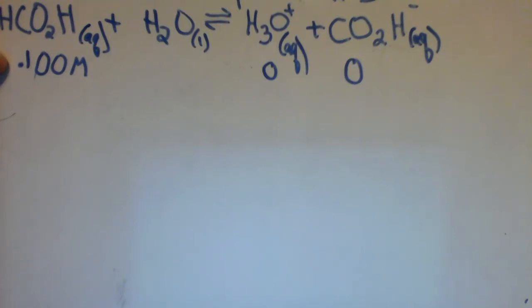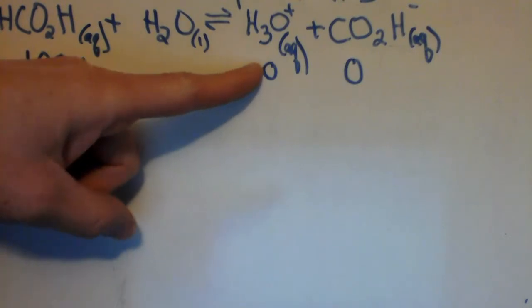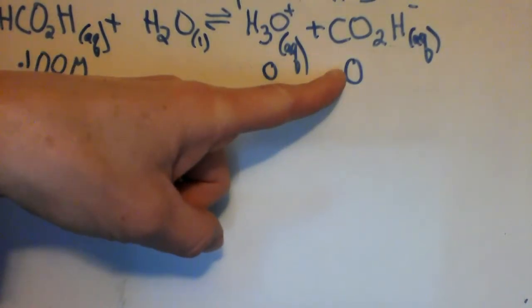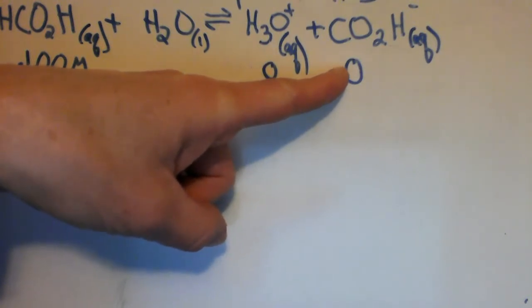So when formic acid is poured into the water, its concentration is 0.100 molar. And at the very beginning, there are no hydronium ions and there are no formic acid conjugate bases.